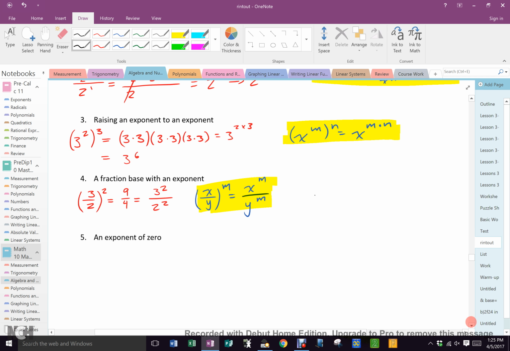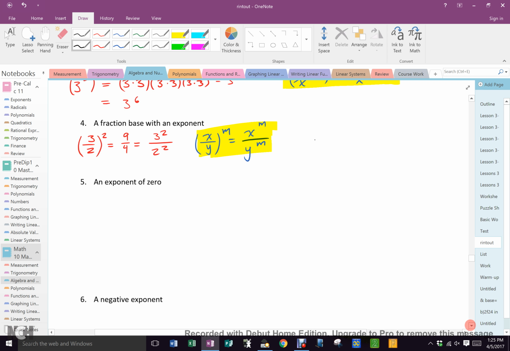Exponent of 0. I don't know why this one causes trouble, but I've had to leave a bunch of room for it. I used to write one thing, and then everyone's like, I don't know. An exponent of 0 equals what? No. It equals 1. I'm about to show you why.